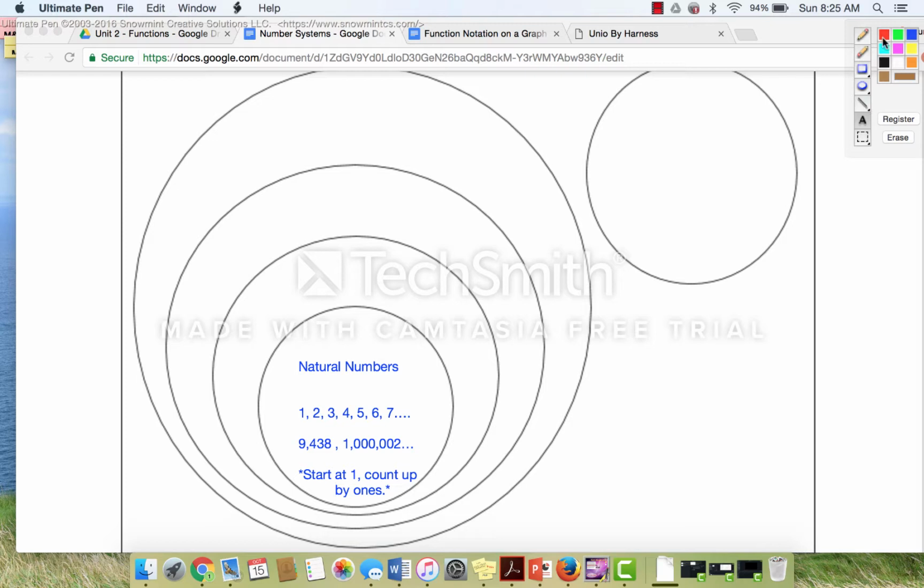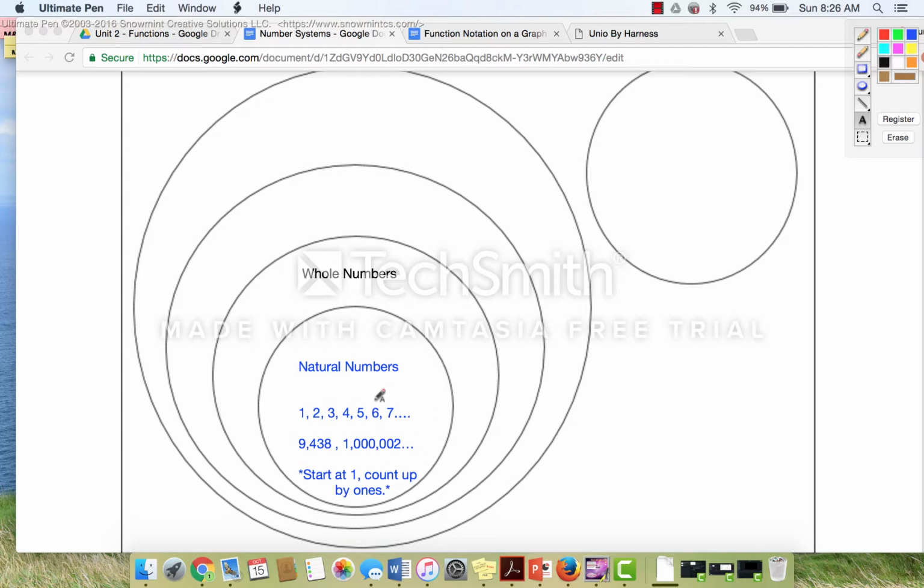All right. So after the natural numbers, we might have gotten another caveman who was feeling kind of sad because he didn't have any rocks, but he had no way of expressing that idea. He had 0 rocks. So our next number system is literally just a way of adding in the concept of having nothing. So now we have the whole numbers, which are going to include every single one of the natural numbers.